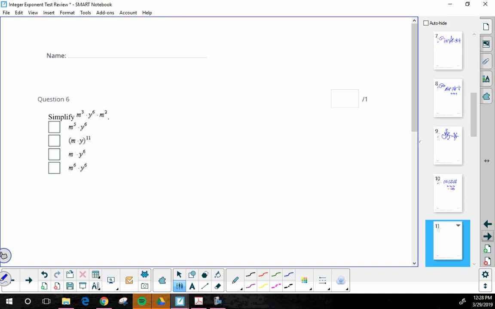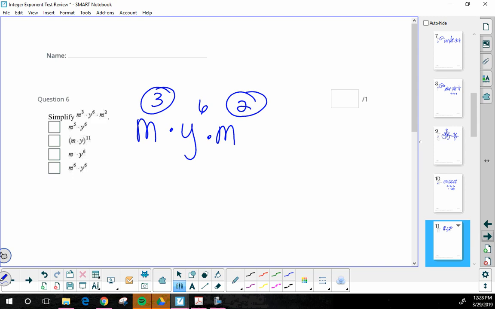Question number 6. This is m to the 3rd times y to the 6th times m squared. All that means is we're going to add this exponent and that exponent. 3 plus 2 is 5, so that leaves us with m to the 5th times y to the 6th, which is this answer.